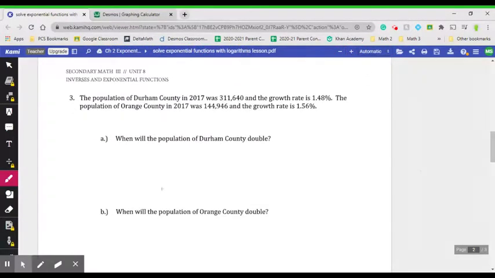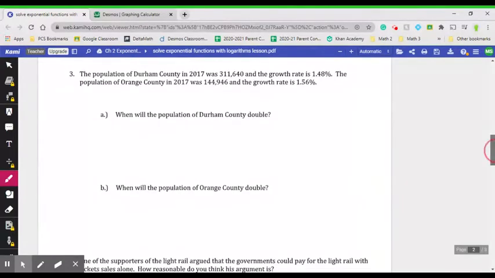So moving forward, we have some similar problems, with the same approach as earlier. For part A here, it's talking about the Durham County population. It starts out at 311,640, growing by 1.48%. And it's going to be double what this population is.